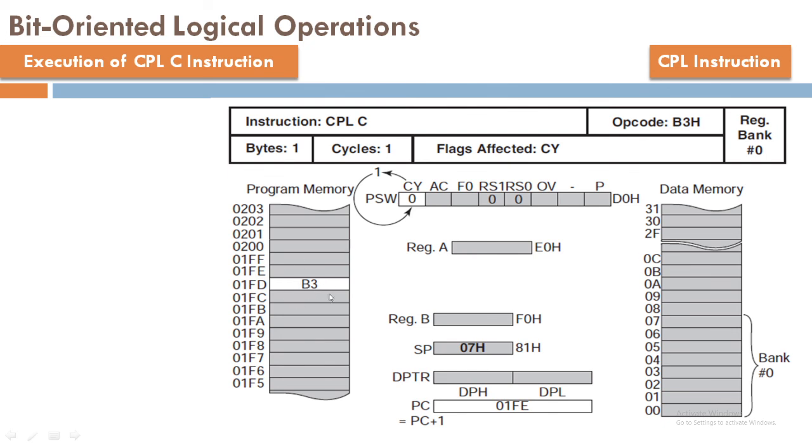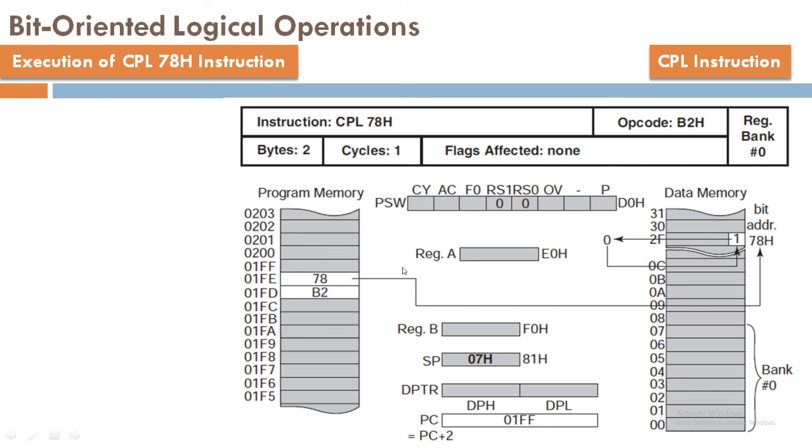When the operation code B3 is executed by the MCS51 microcontroller, the previous content of CY gets complemented and the complemented result is stored in CY. In this case we have considered the initial content to be 0, it becomes 1 and it is saved in CY, but the other thing is also true. If the initial content is 1, it will become 0 and that will be stored in the carry flag location.